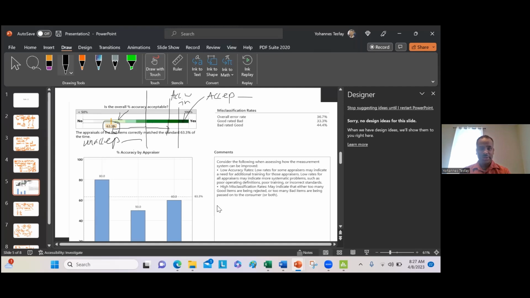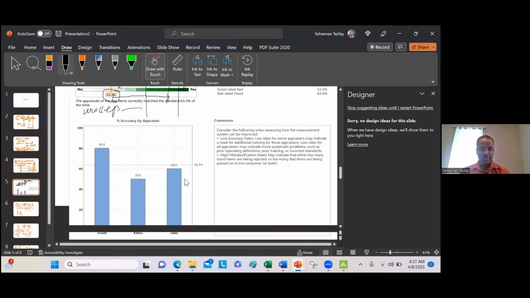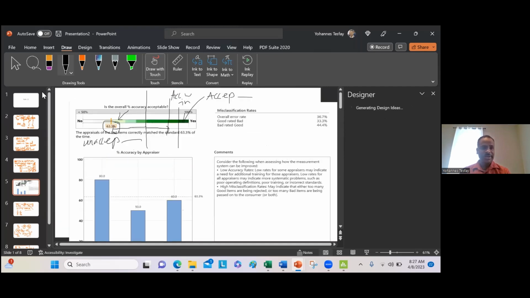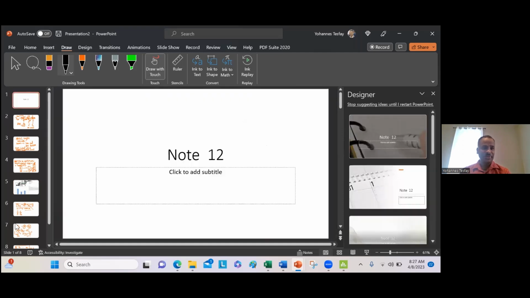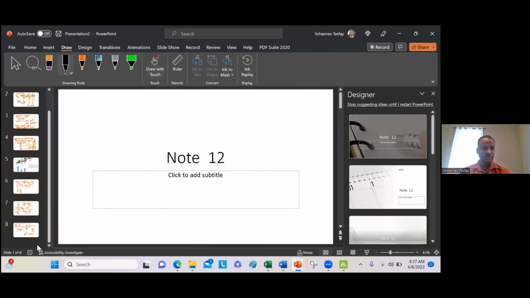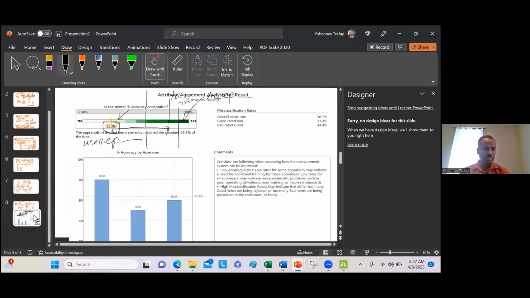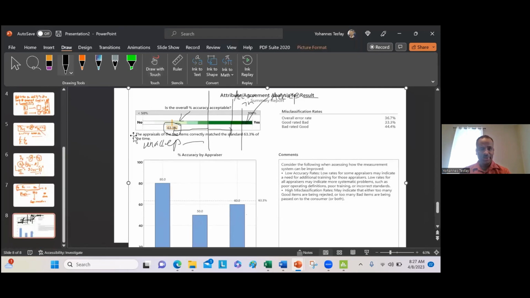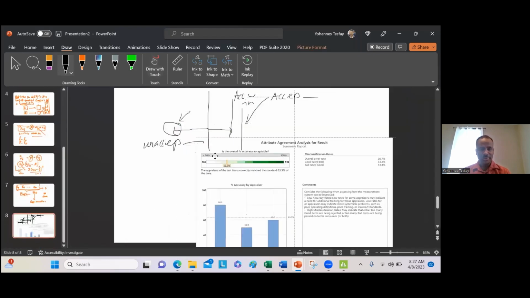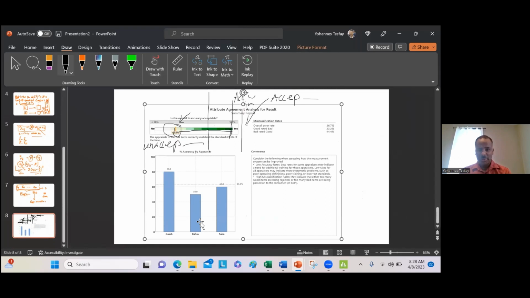So now let's look at it again here very closely. So Kasu, you see accuracy by appraiser, GUIsh is much better in detecting good as good and bad as bad.